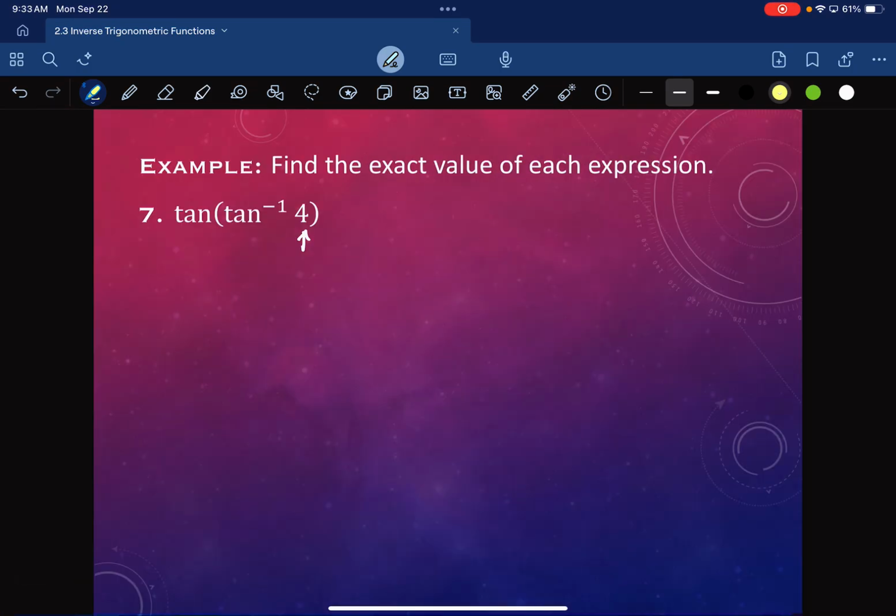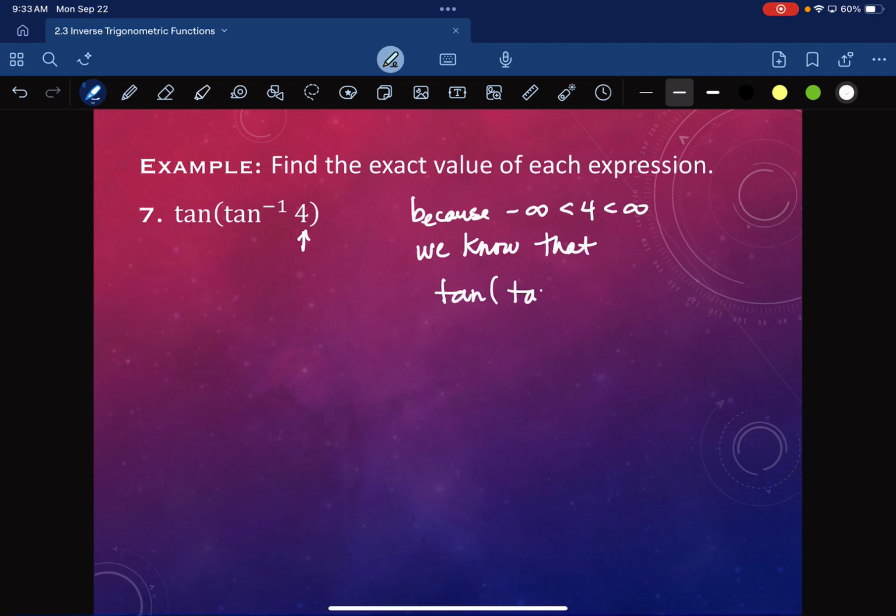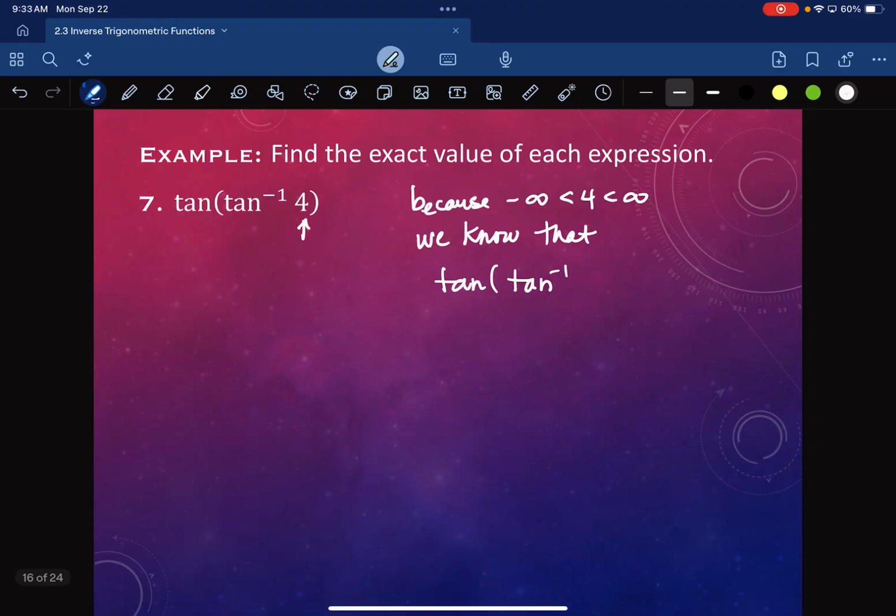So because negative infinity is less than 4 is less than infinity, or you can say because the domain is all real numbers, or because I can have any input for x I want for tangent. Any of those are fine, right? We know that the tangent and the inverse tangent are going to cancel.